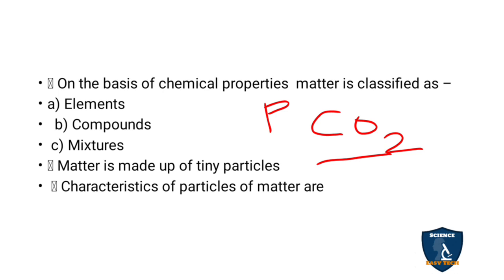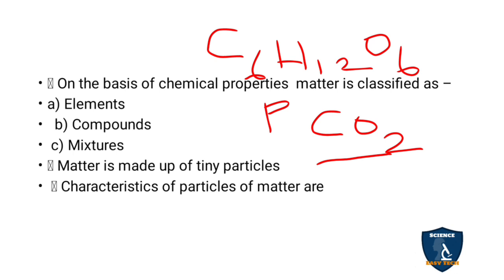Carbon dioxide and other substances combine to form a mixture. For example, glucose, C6H12O6. For an element, I gave a simple example, phosphorus. A compound should be a combination of 2 or 3 elements.